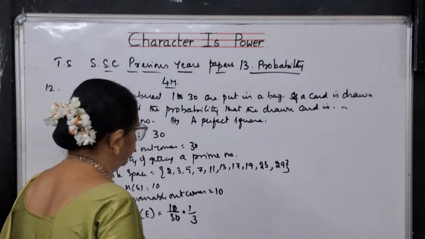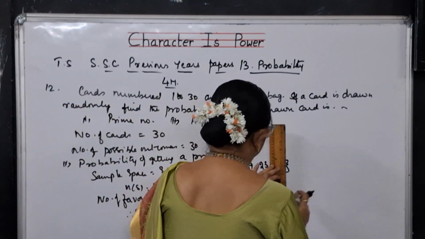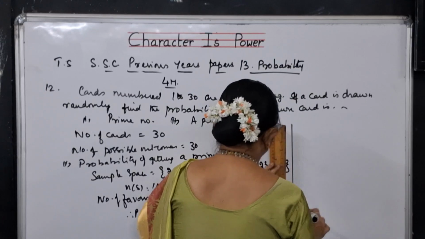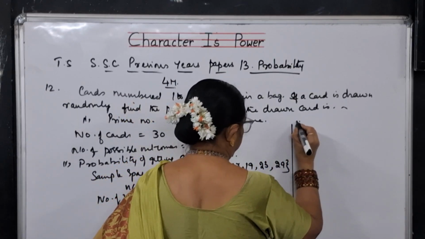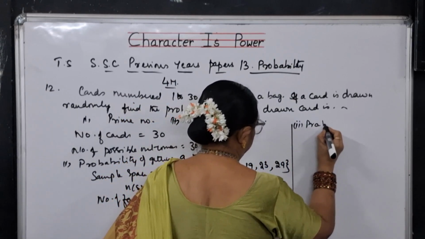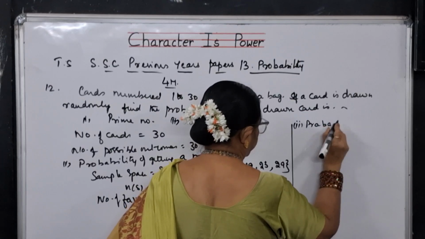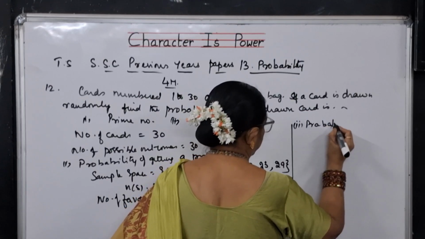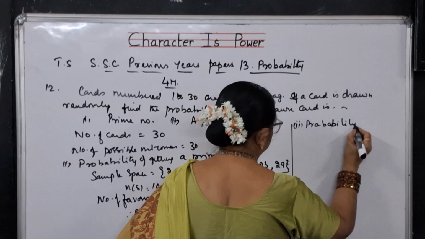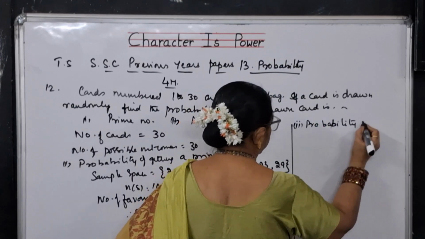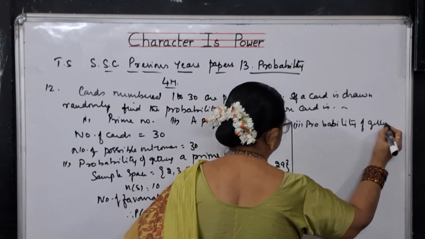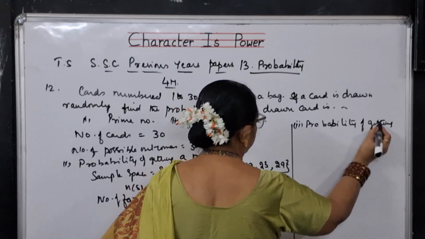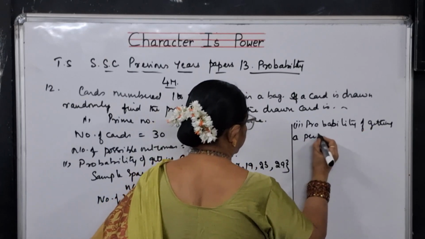This is first bit. So, let us write the second bit. Now, the second bit is probability of getting a perfect square.